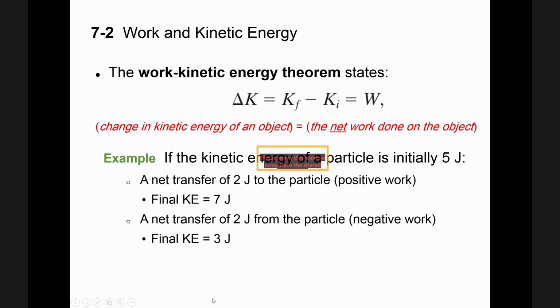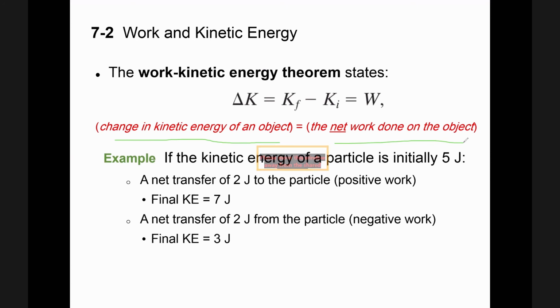The theorem is very simple. The writing of the theorem means a change in kinetic energy of an object equals the net work done on the object. هذه بالwriting. يعني if I find the change in kinetic energy of the object before and after, then it's equal to the net work done on the object. يعني لو كان object يمشي بسرعة معينة و his velocity changed, there is a force that did work.